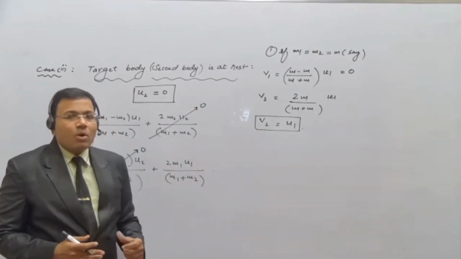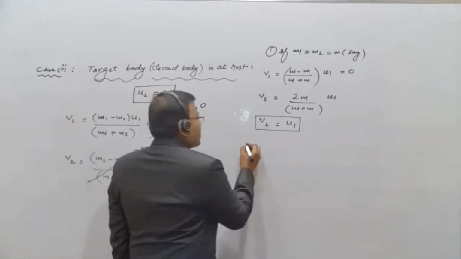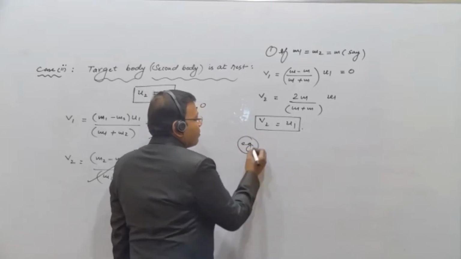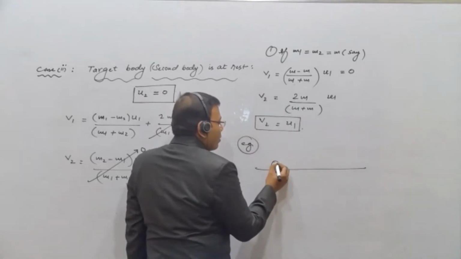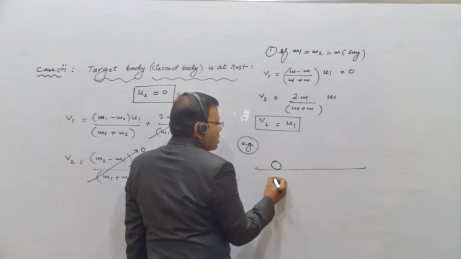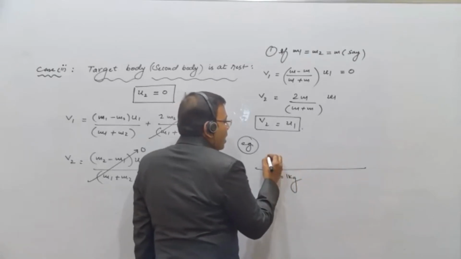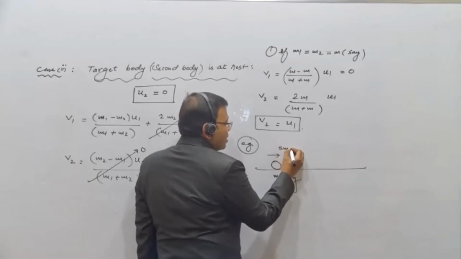इसको मैं आपको डायग्राम में देकर बताता हूं और एक example में मैं आपको देकर बताऊंगा. देखिए, try to understand. This is an example for that. Now suppose a body is there, one body is there of mass m equal to some 1 kg, I'm just taking it, and this is moving with the velocity 5 meters per second.